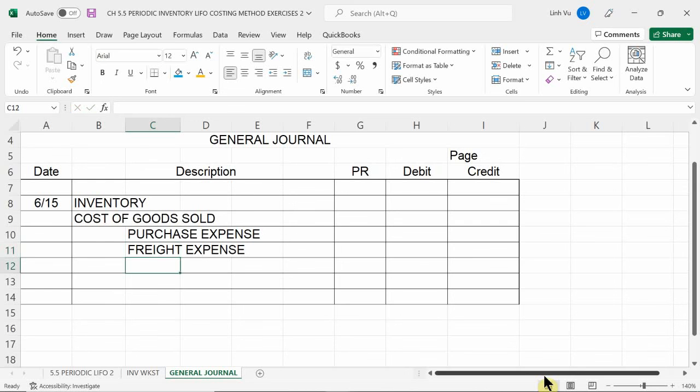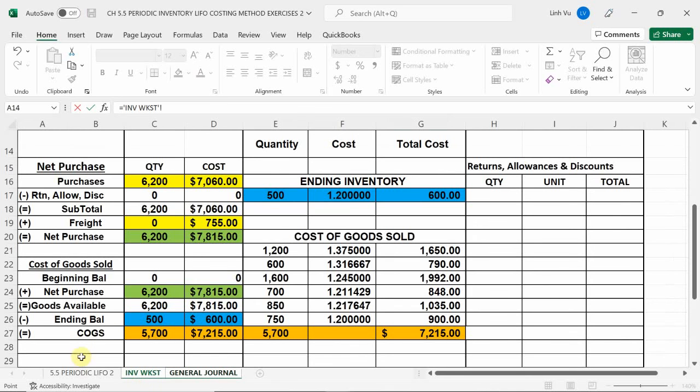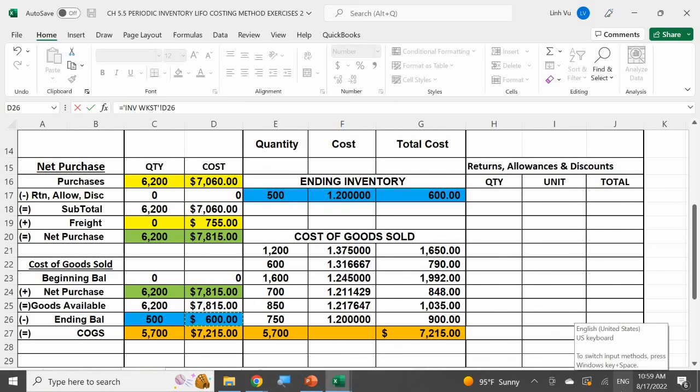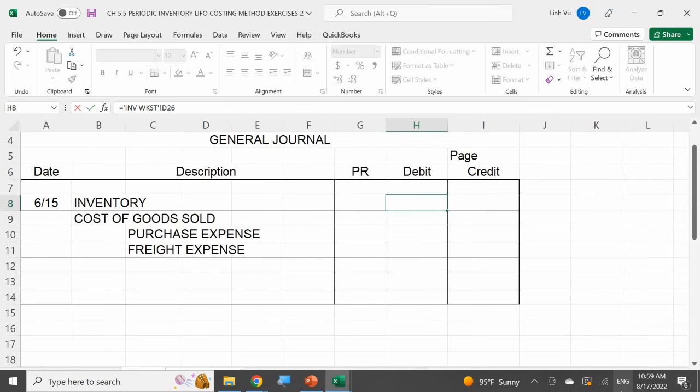Okay. So let's go over the numbers. What was the total cost of your ending inventory? 600. Mm-hmm.